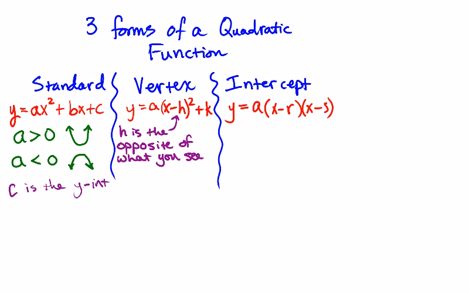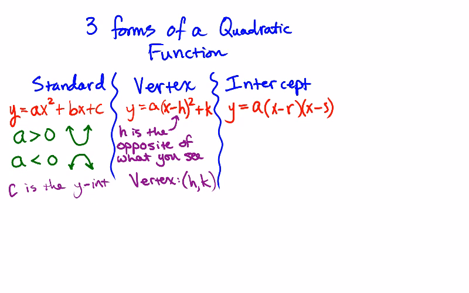And k is whatever you see there at the end being added or subtracted, that's the k value. So the vertex can be found easily by looking at the form, and it's (h, k).